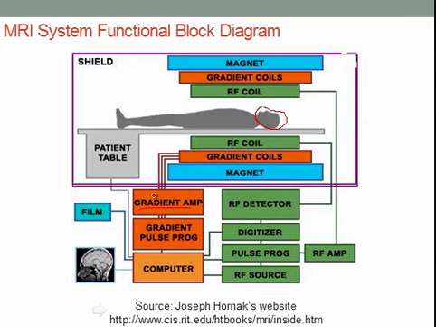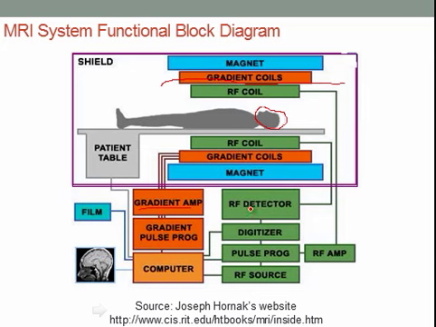Each cabinet would have a rack of gradient amplifiers, a rack where the RF amplifier resides, and also a rack that includes a shim power supply. He does not show the shim coils in here. The shim coils would be located right about at this level. Of course we need a power supply to power those coils, and remember the point of the shim is to make the main magnetic field B0 as uniform as possible.